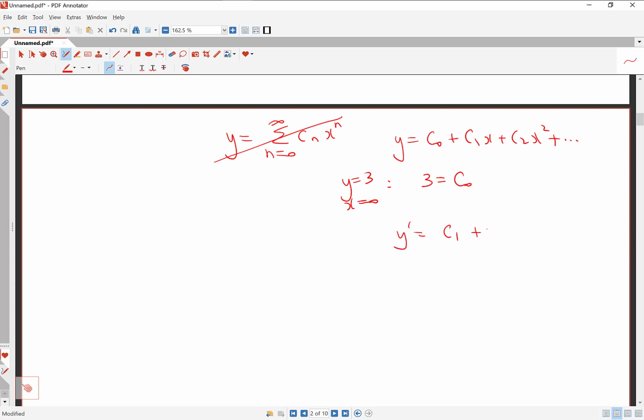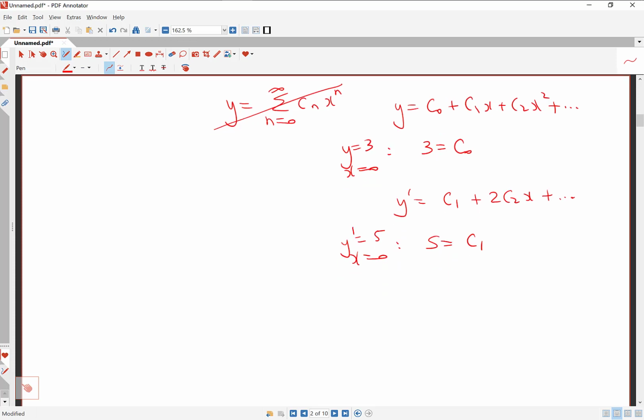It would be c1 plus 2c2x, etc. So subbing in a y prime value of 5 with an x value of 0 gets 5 equals c1. All right, so we figured out c0 and c1. So c0 is 3, c1 is 5, and then we're going to use that equation from a minute ago to figure out the other coefficients.